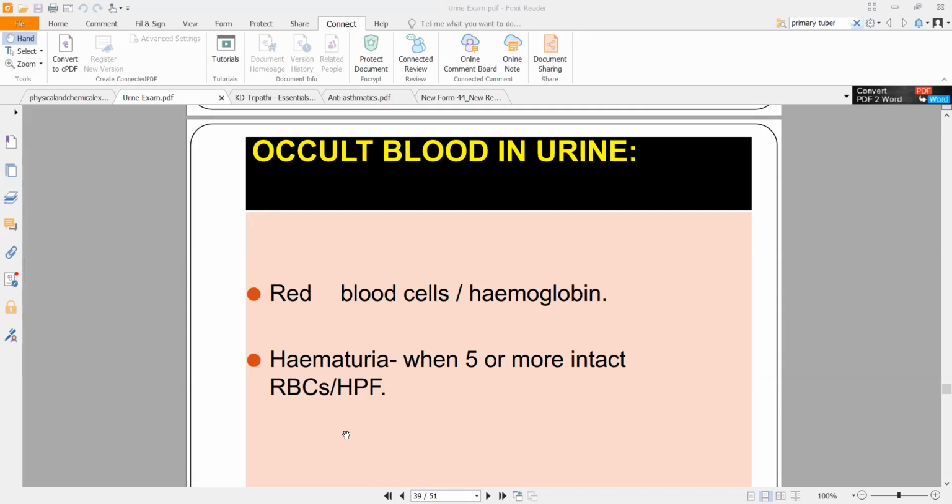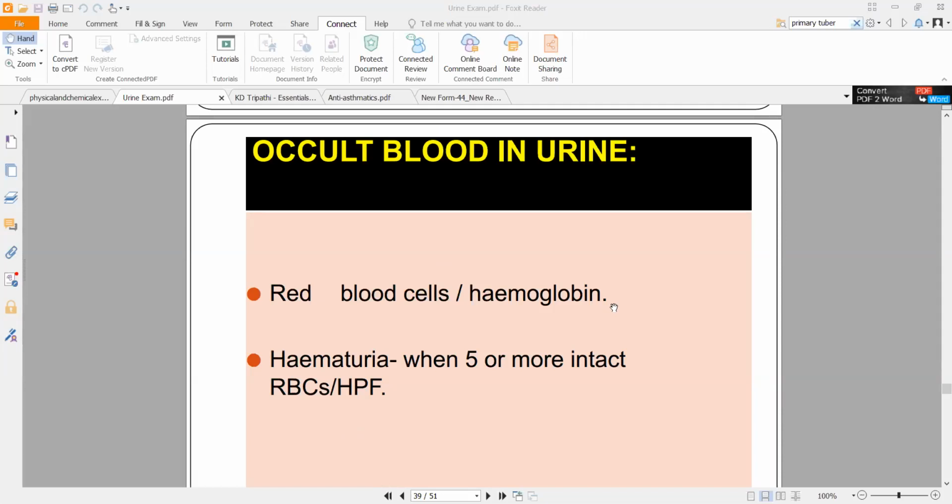You tell a patient has hematuria when they have 5 or more intact RBCs per high power field. So what is high power field? Once you take urine and you magnify it a lot, almost 400 times more than your normal eyesight, you see a very small section of urine.